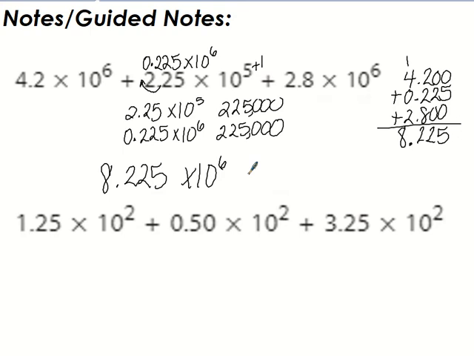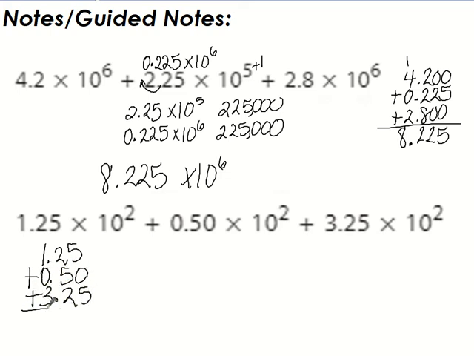If we look at our next example, we have all matching exponents. That's really nice because we don't have to move anything. Look, 10 to the second, 10 to the second, 10 to the second. So we are just going to take our 1.25, add it to our half, and add it to our 3.25.